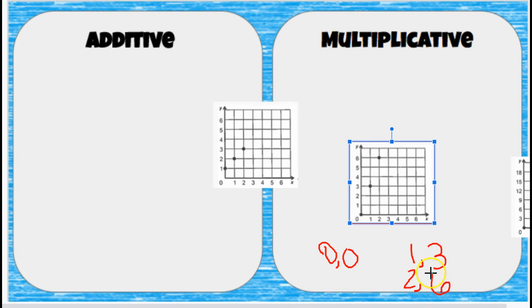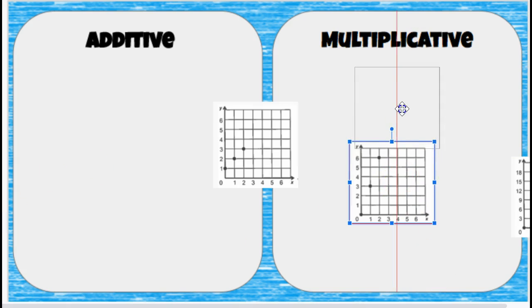So my rule here is just like if I was to make it a table. And my rule goes right here. So my rule is times 3. So since I'm multiplying, 1 times 3 is 3. 2 times 3 is 6. This is a multiplying pattern. So it goes right here.